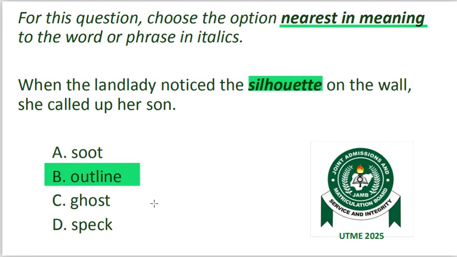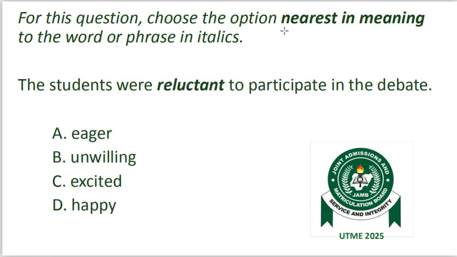Option B. For this question, choose the option nearest in meaning to the word or phrase in italics. It is still on synonyms. The students were reluctant to participate in the debate. Reluctant is in italics. A. Eager. B. Unwilling. C. Excited. D. Happy.